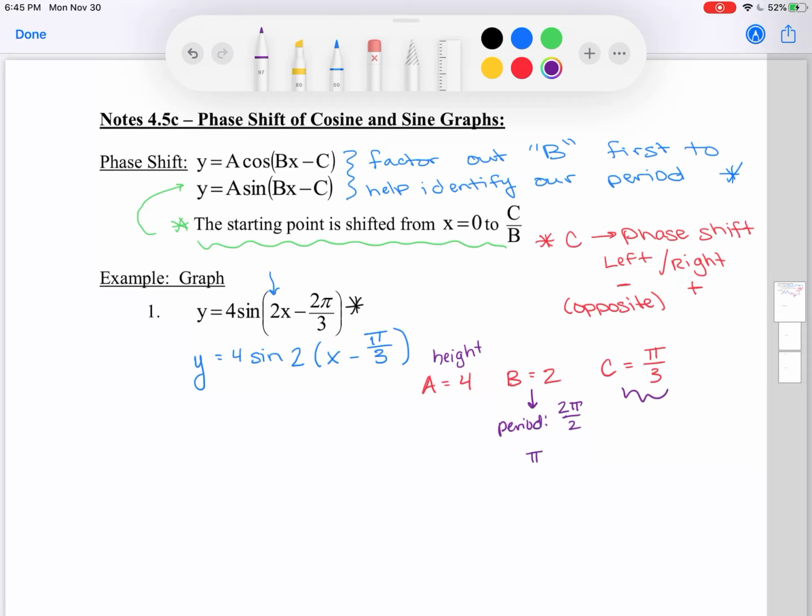And then because my C is positive, C is going to tell me that I'm going to go right pi over 3. All right, so with that information, my amplitude is going to be 4. My period is going to repeat itself every pi length, and then I'm going to now start at pi over 3 on my graph. That is what all that information is going to tell me.